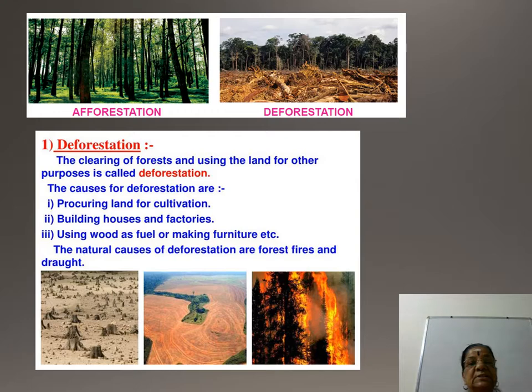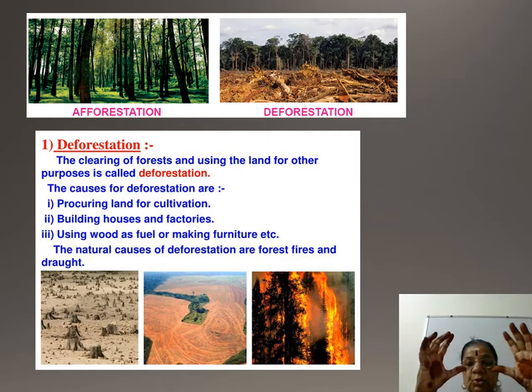Afforestation is growing of plants, growing or protecting plants and animals and maintaining ecological balance or natural phenomenon. I mean all the organisms, plants, animals and microorganisms need to be protected and safeguarded with the natural environment.